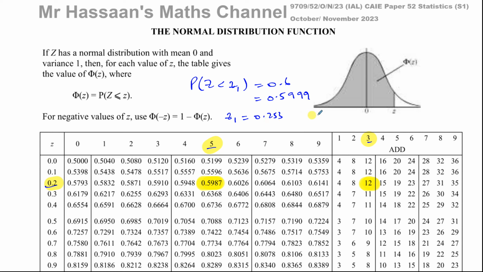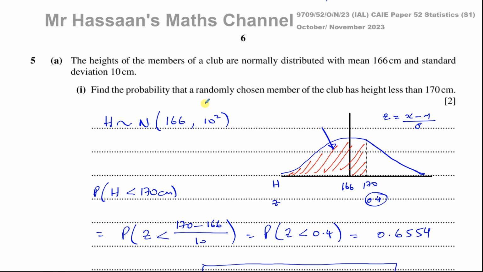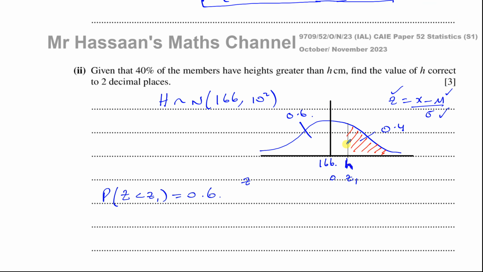So I know that the value of z is 0.253. So I can say that this value here is 0.253 from looking at our tables, because 60% of the area is to the left of it. So if I know that z1 equals 0.253, I can now use my standardization. I can say 0.253 is equal to x, which I'm trying to find, minus the mean, which is 166, over the standard deviation, which is 10.